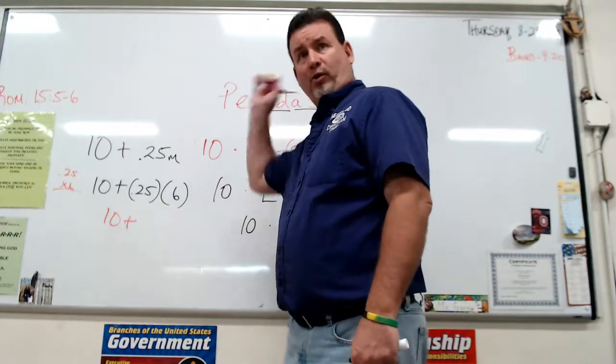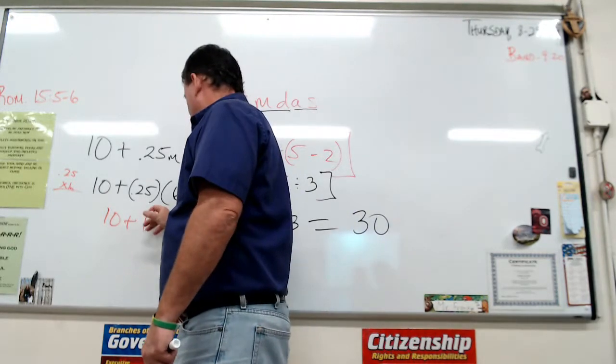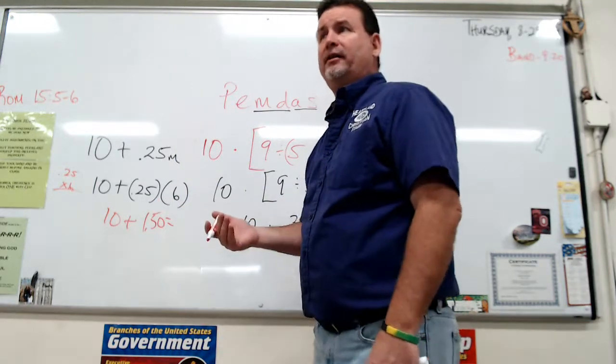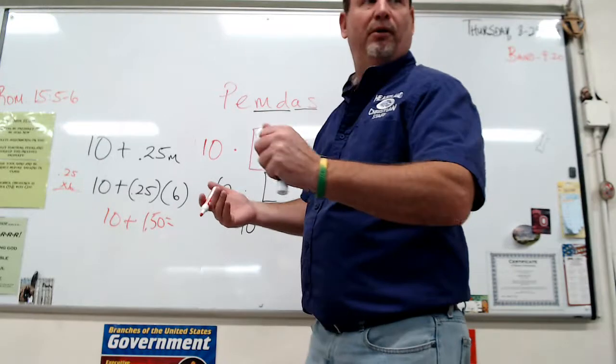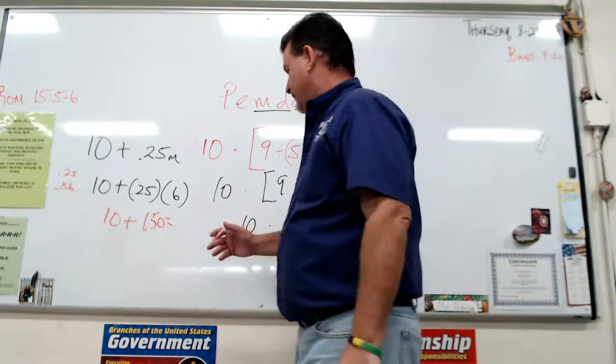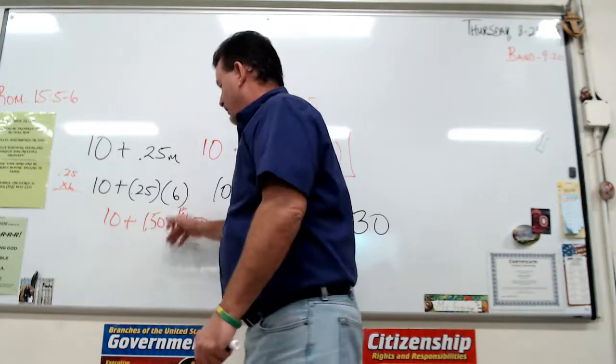How much is 6 quarters? Noah? $1.50. So my final answer, how much money did she get from that friend? Kiara? $11.50.